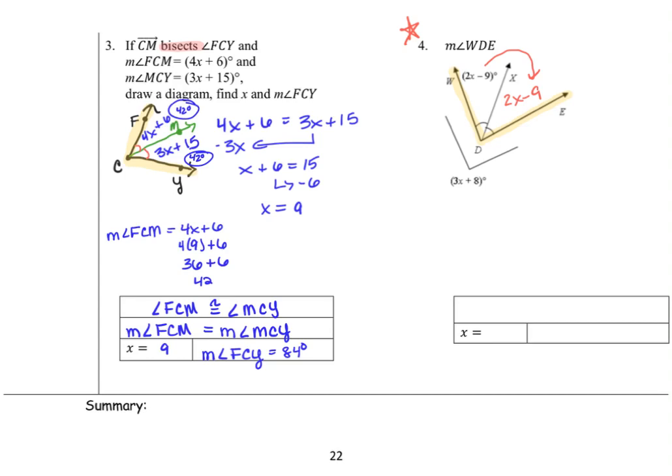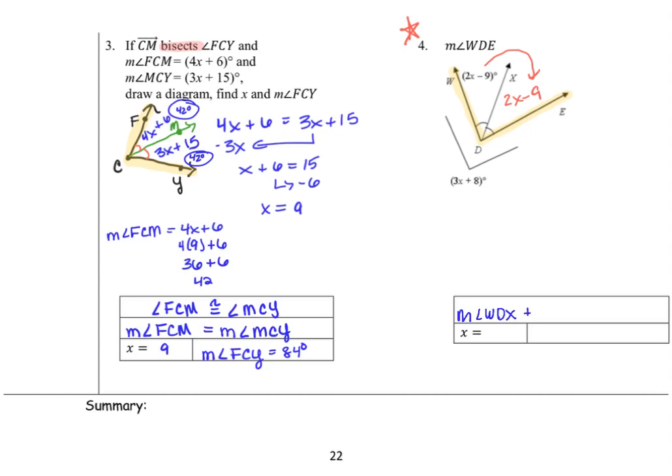So the whole lesson we've been setting these two things equal to each other, but it doesn't make sense to set 2x minus 9 equal to 2x minus 9 because everything is just going to zero out. So this one is going to look more like an angle addition statement. So we have the measurement of angle WDX.